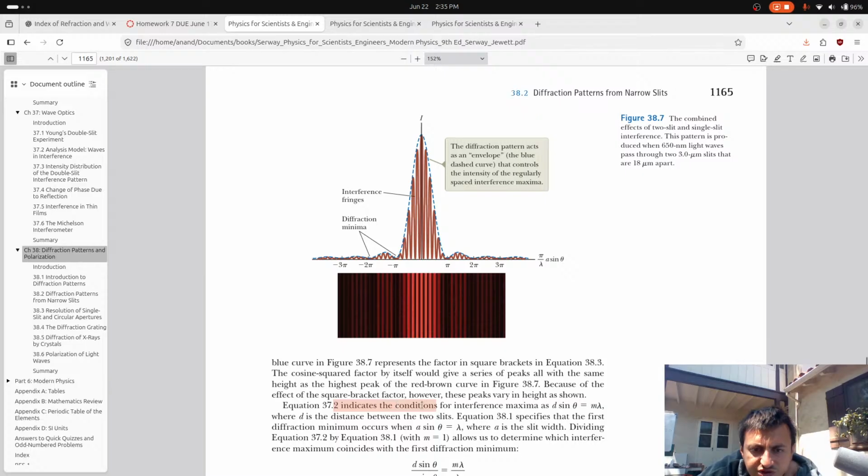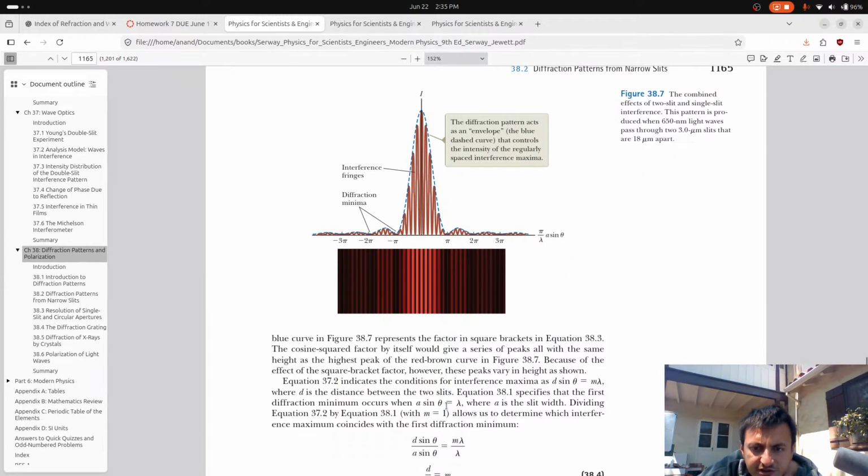Equation 37.2 indicates the conditions for interference maxima as d sine theta is equal to m lambda, where d is the distance between the two slits.